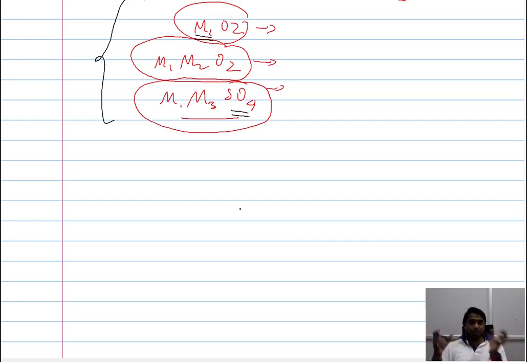However, it does not mean that all minerals should have this particular composition of one metal and one non-metal. The other mineral can be M1M2O2, meaning two metal ions are involved in combination with one non-metal. It is also possible that three metal ions are involved in combination with one non-metal ion. So the bottom line here is that a single representation cannot be offered for the chemical composition of minerals.